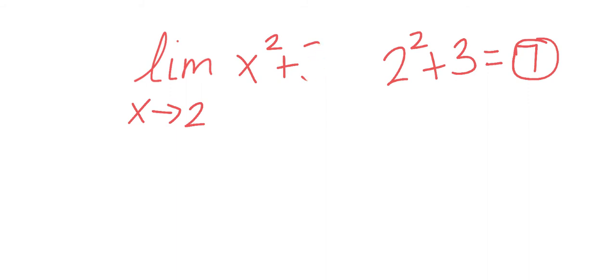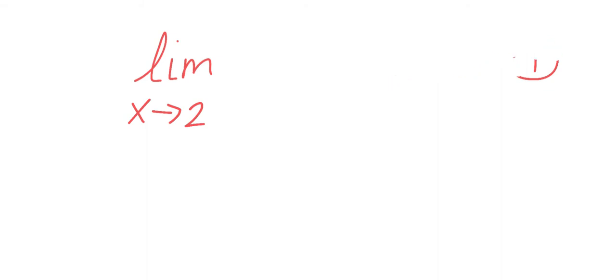Now, let me erase this. Let's say we have limit as x approaches 2 of x squared minus 4 over x minus 2.